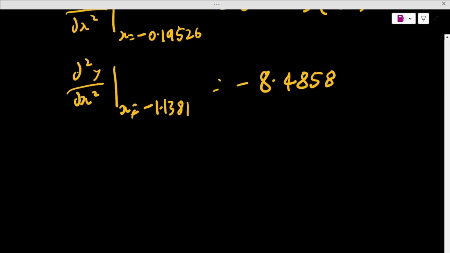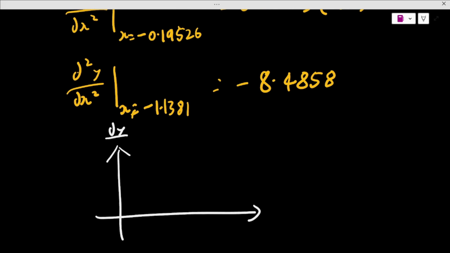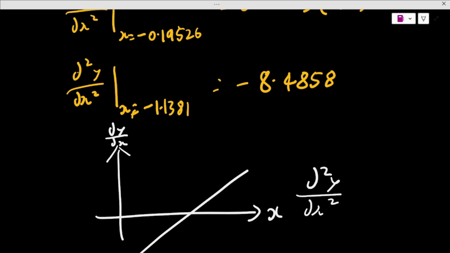Let's say I have a graph of dy/dx against x. If the graph is like this, it means that d2y/dx squared must be greater than 0, because the gradient of this is going to be positive.